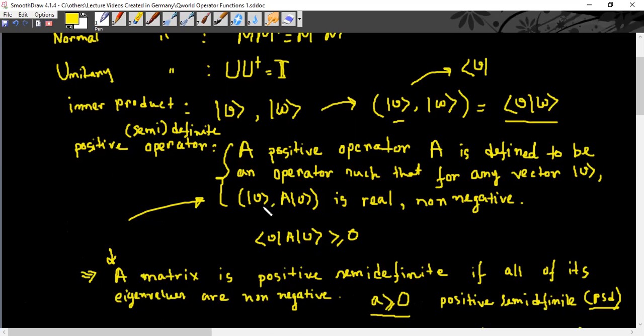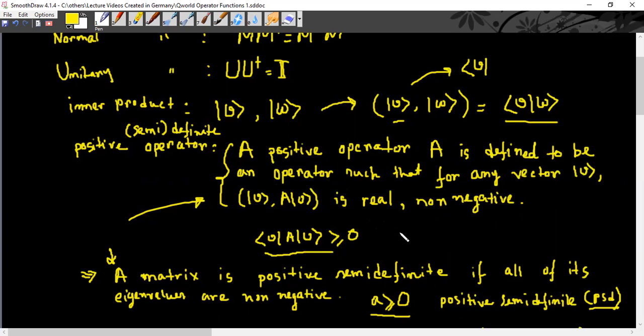So how is this definition equivalent to the definition that a positive operator A is an operator such that for any vector V, the inner product between V and A acting on V is real and non-negative?